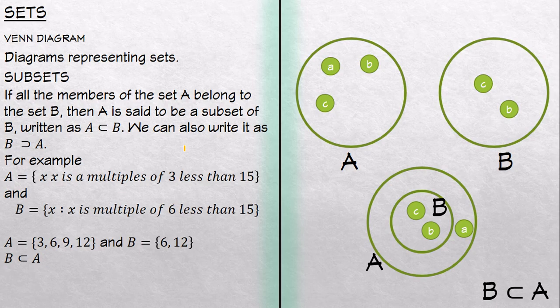So another way of defining a subset is if we have the set A and we have the set B, and we can take off some elements from the set A, and the set A and the set B will be equal, then it means that B is a subset of A.